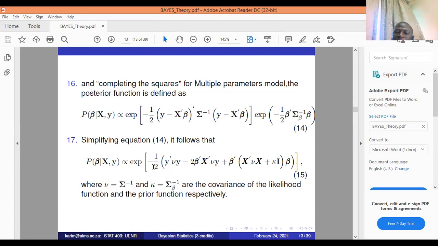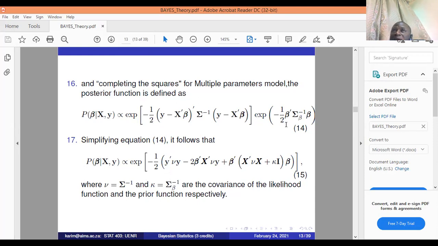So minus half outside, because minus half is common here and also here. Then we open the bracket and put what is here plus what is here.